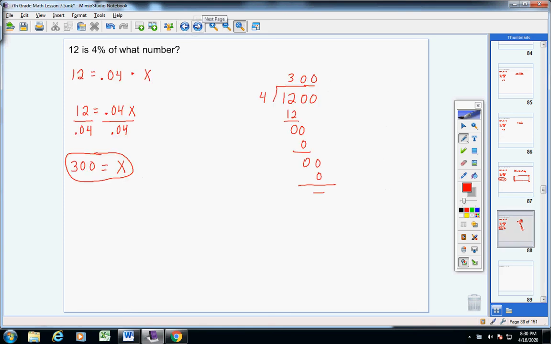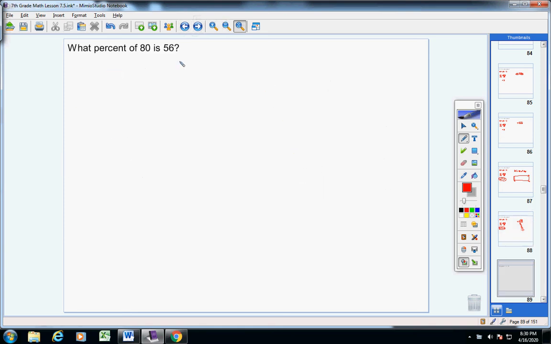Okay, now guys, try this one on your own. Pause the video, and then restart it and check your answer to see how you did. Alright, here we go. So what percent means that's going to be my x, or my question mark, of course. My is multiplication. 80 is 80, is is an equal sign, and 56 is 56. Okay?